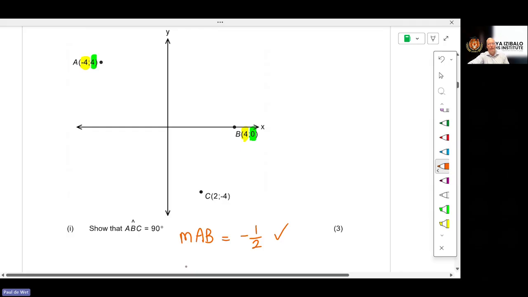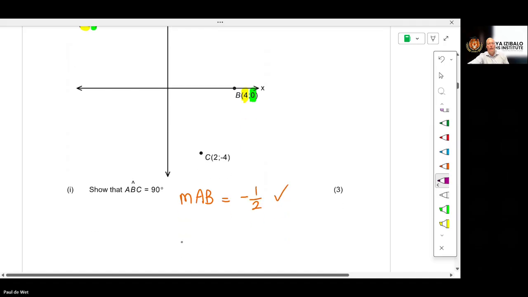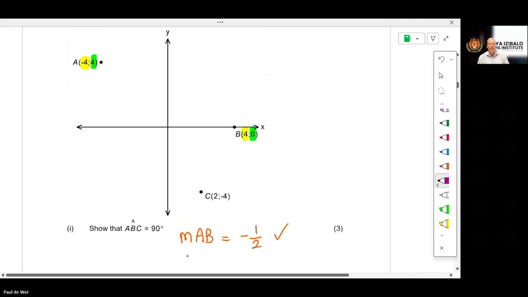What did you do next? Yeah, so you've worked out this gradient here so far. Well done.